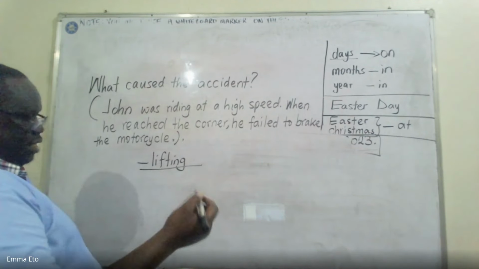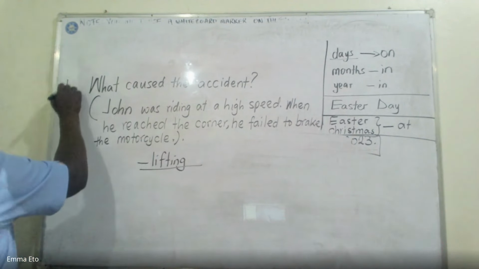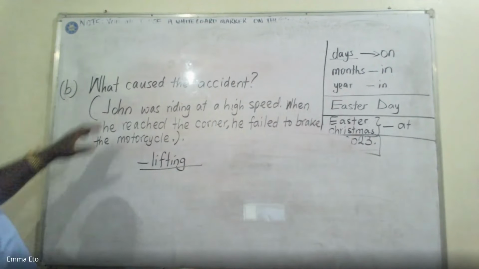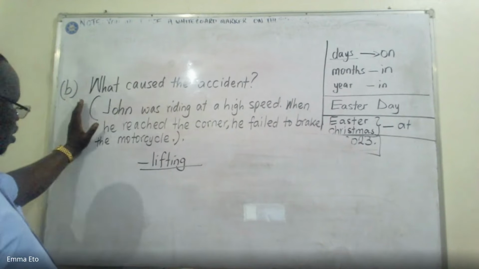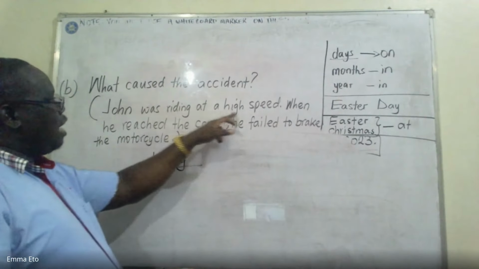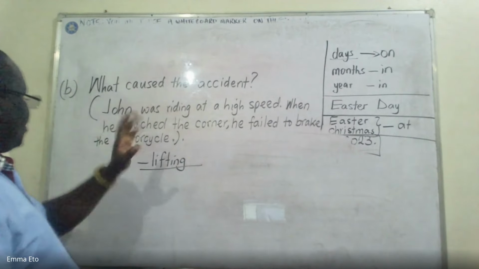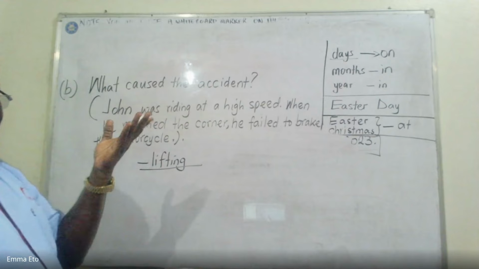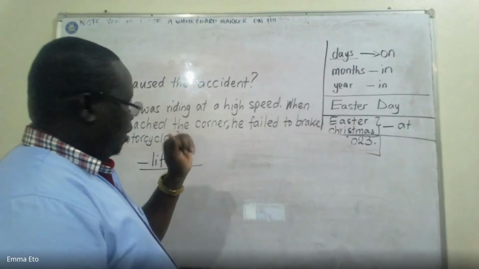You highlight the idea. Let's assume this was question B. And they say, what caused the accident? Now, after me reading, John was riding at a high speed. When he reached the corner, he failed to brake the motorcycle. And maybe he fell and injured himself.